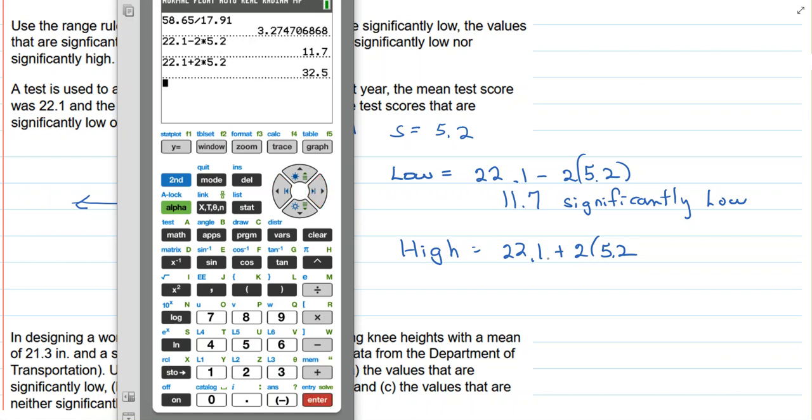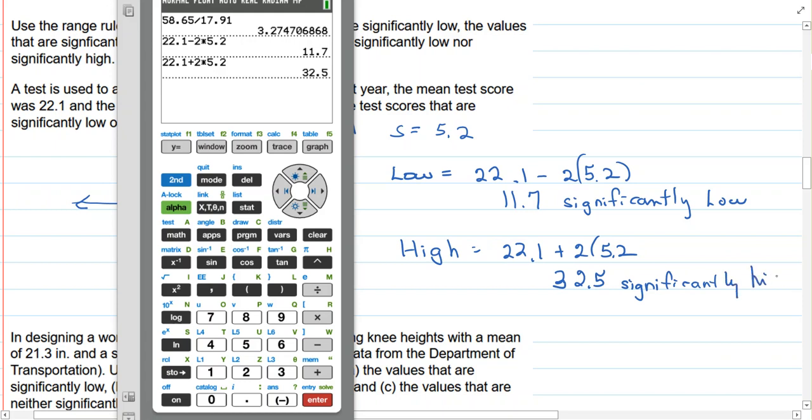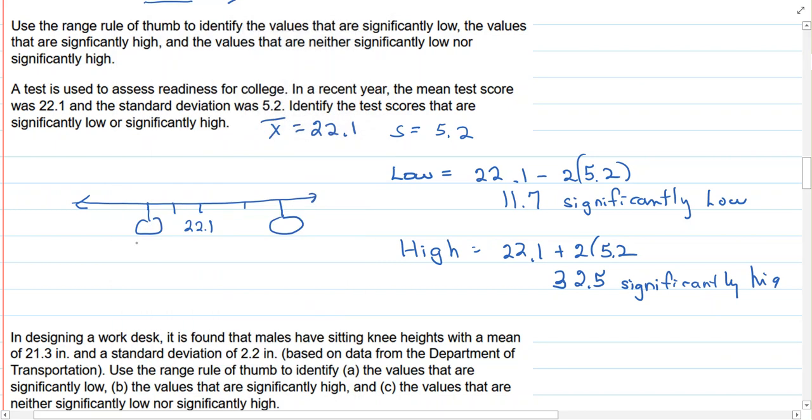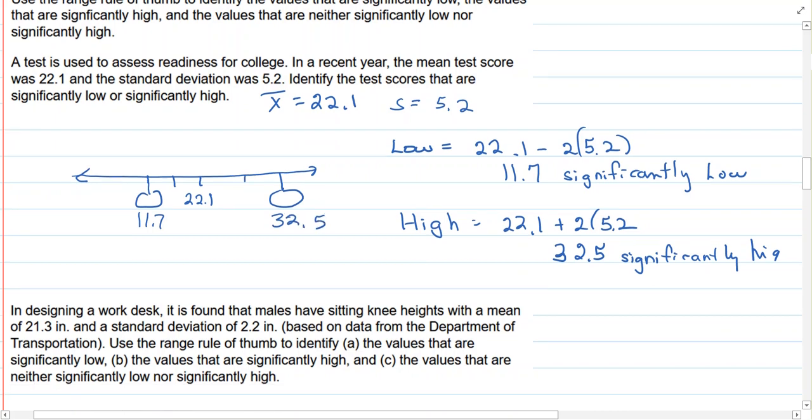And we have 32.5. So these values, of course, this is normally distributed, would be right here. And we could see that this is in the negative side and this is in the positive side of movement of those standard deviations. Those are the two answers.